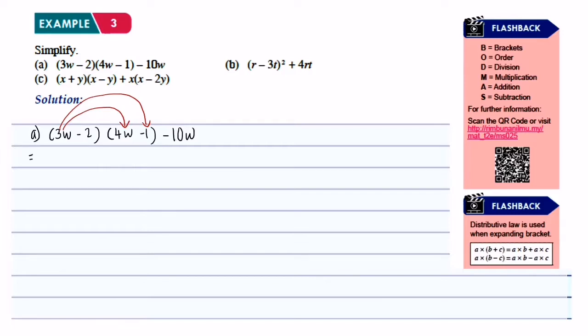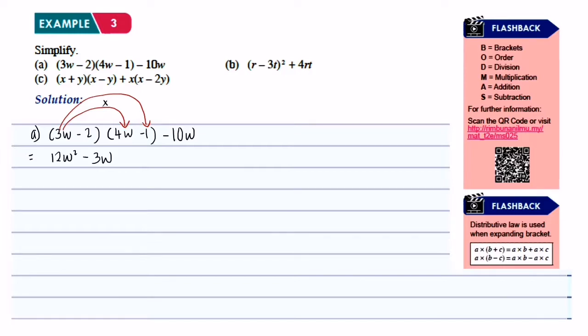Okay, so 3w times 4w equals 12w squared. And 3w times negative 1 is negative 3w.